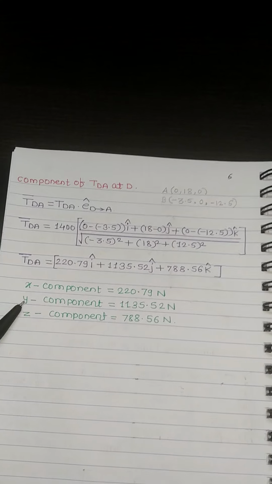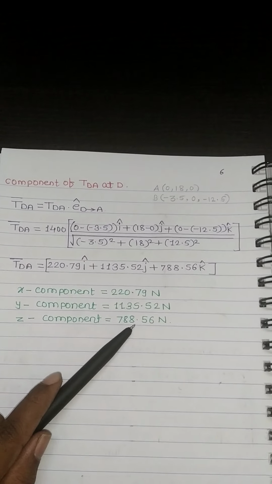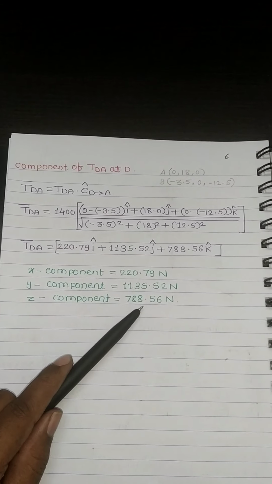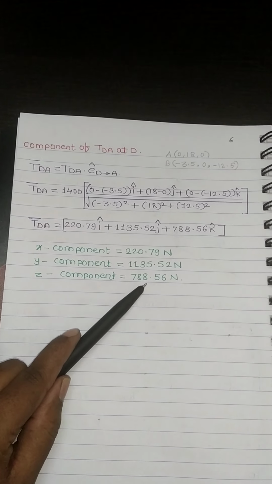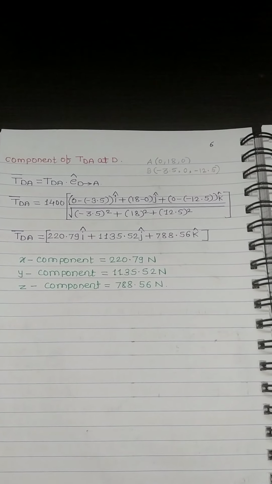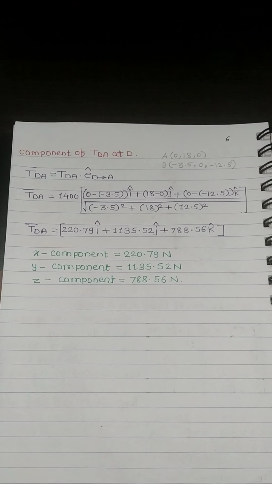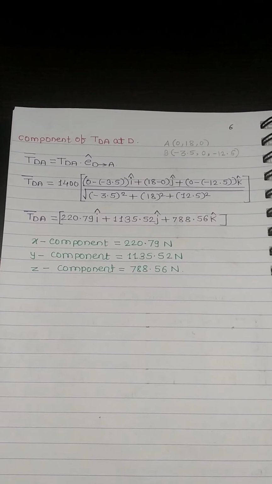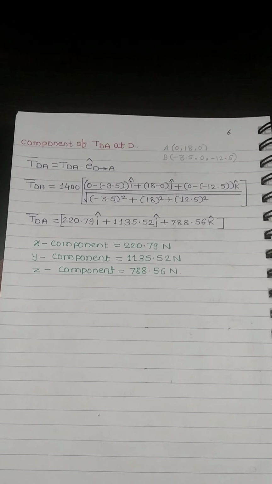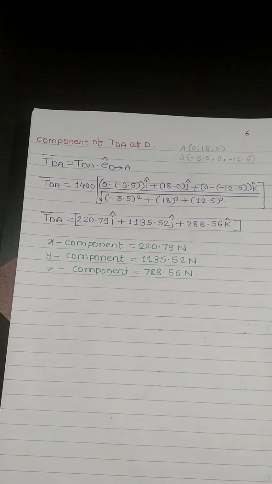So therefore the X, Y, Z components are these. In this way, we can express the components of a force when a force is specified from one point to another point. I hope you have understood the resolution of a force in a three-dimensional force system when a force is passing from one point to another point. Thank you.